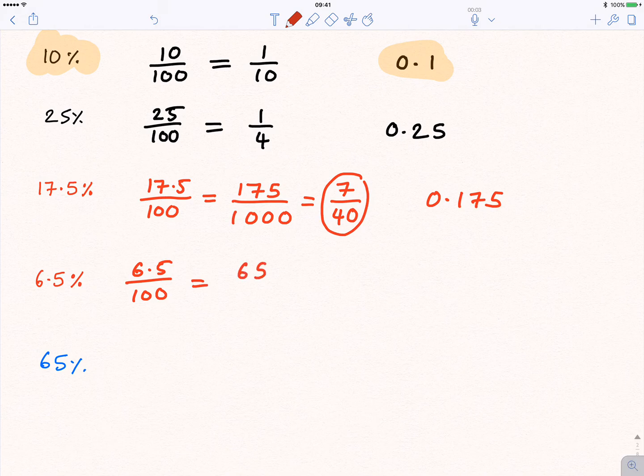You have 65 over 1000, and then just find a common factor and divide the numerator and the denominator by it. You can divide the top and bottom by 5.